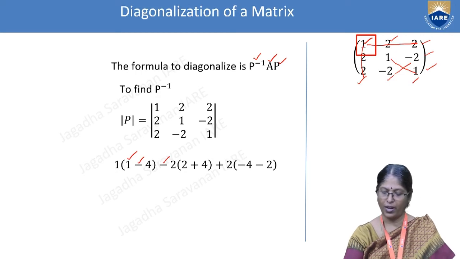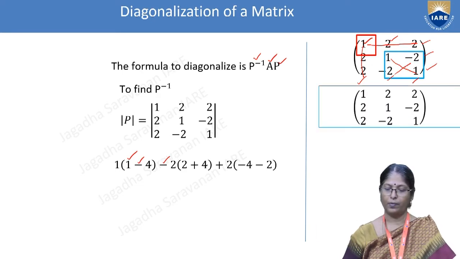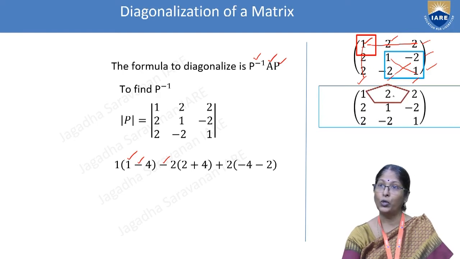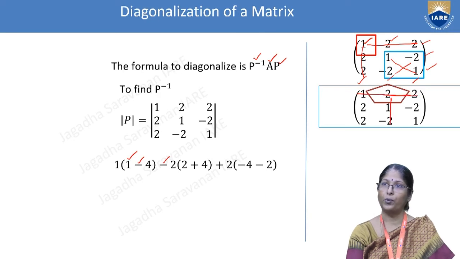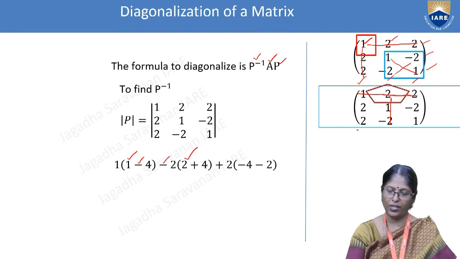Now if we are taking this one, this 2, this particular column we have to miss, this particular row we have to miss. The balance we have to do the cross multiplication. That is 2 into 1, 2, minus of this cross.